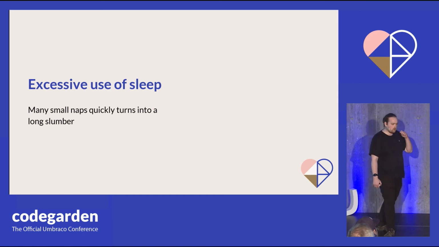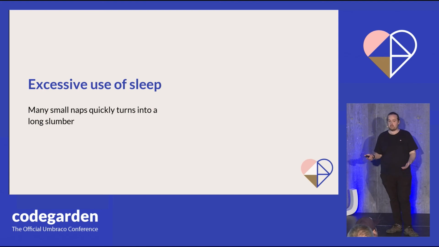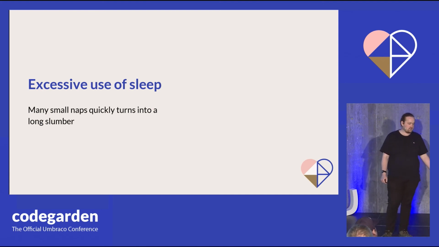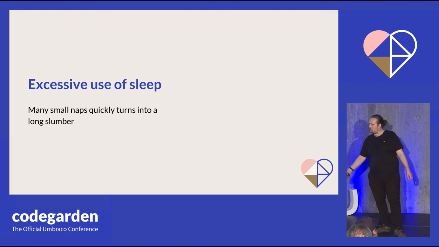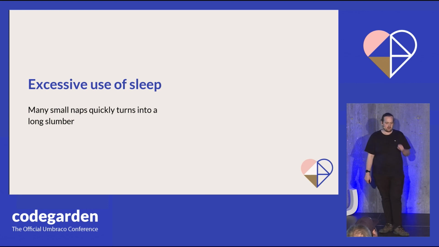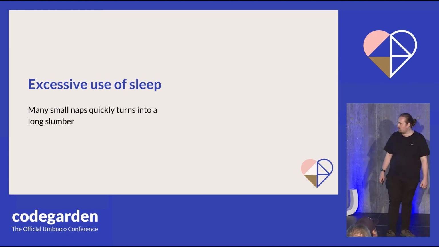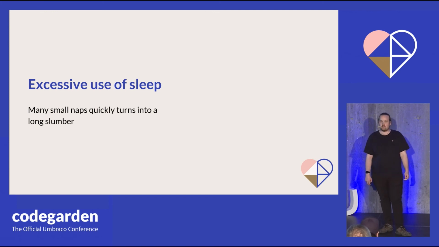Because, as Nikolai mentioned earlier, a huge cause of errors and flakiness in these tests is timing related. So we've been guilty of going, oh, well, I just put in a sleep here for a couple of seconds and this page is loaded and everything's fine. But this is really not a good idea, because as I wrote, many small naps will quickly turn into a long slumber.